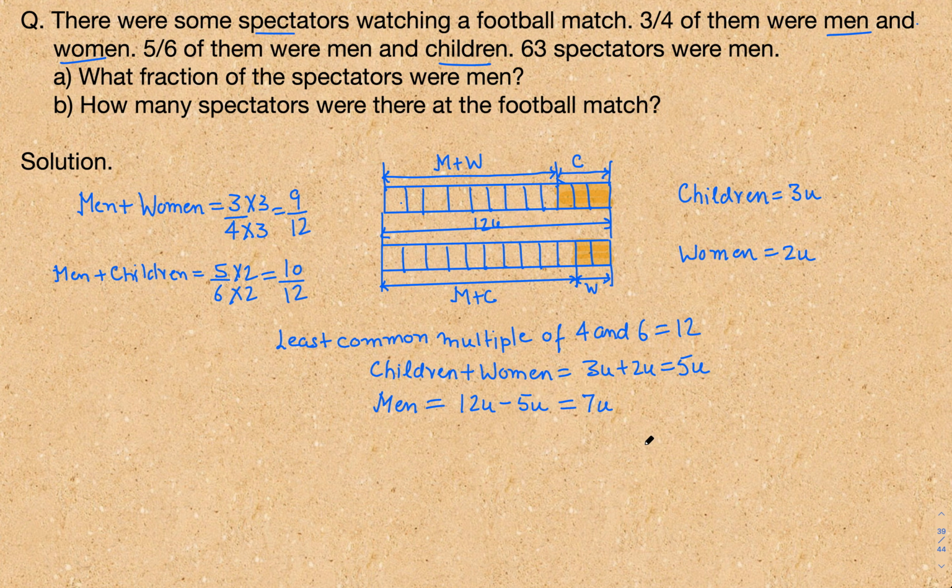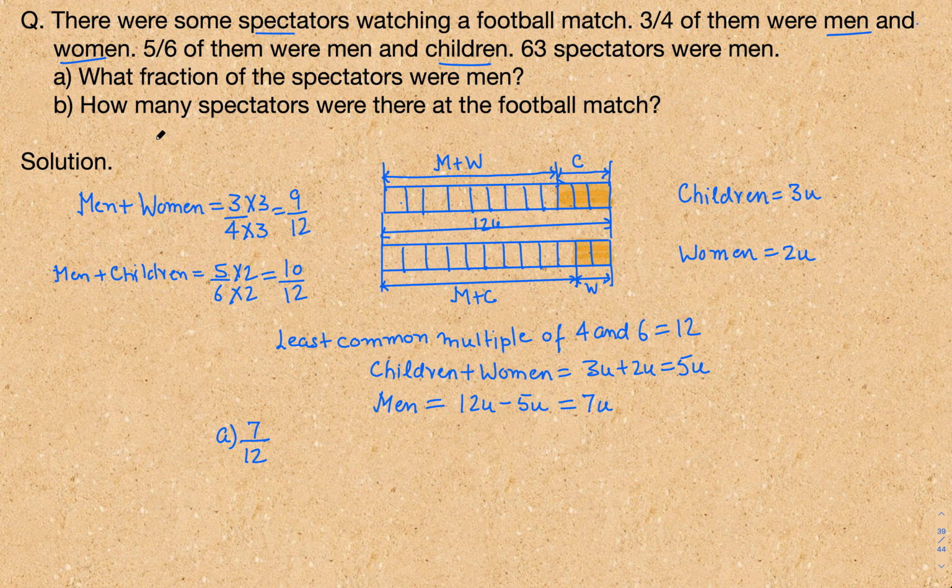Now let's read part A of the question, which asks what fraction of the spectators were men. You know that the number of units of men is 7, and the total number of spectators is 12. So it's obvious the fraction is the number of men divided by the total spectators. So that will give you 7 by 12, right?